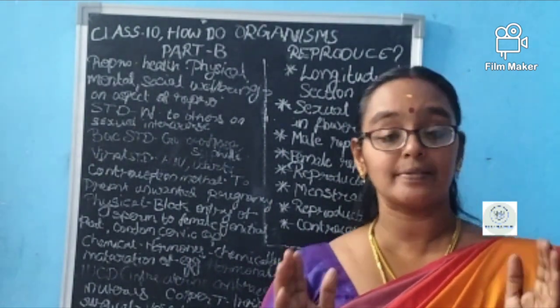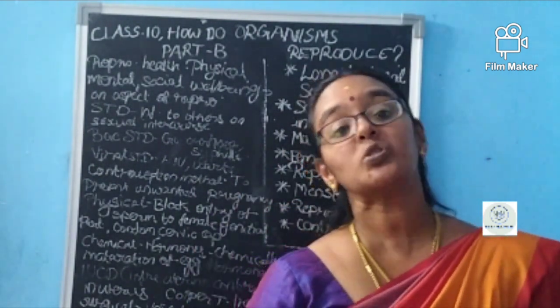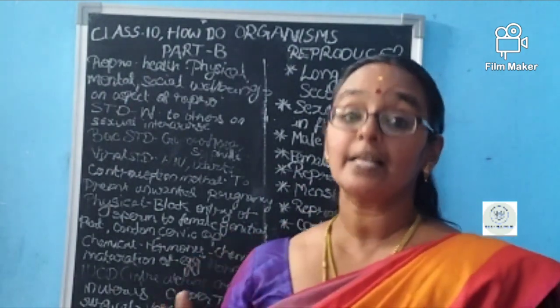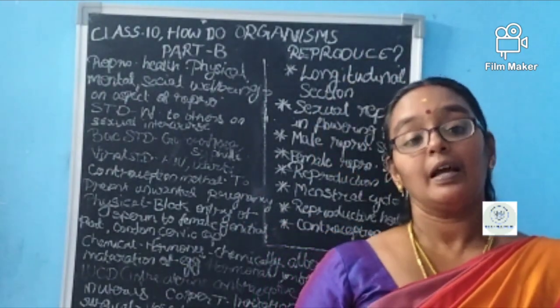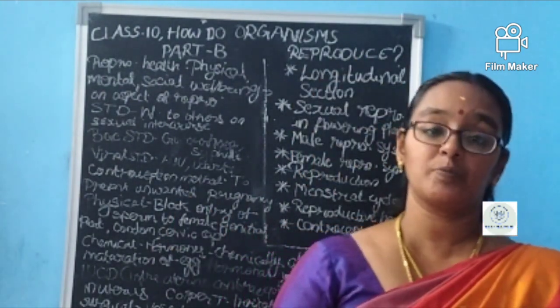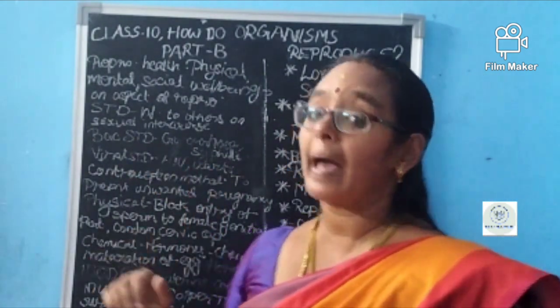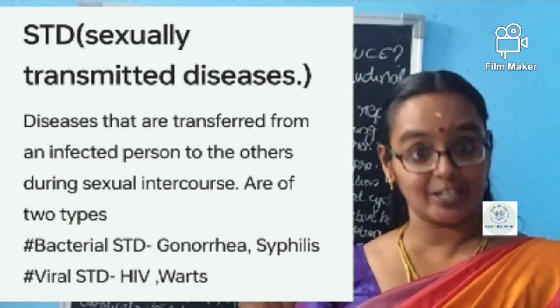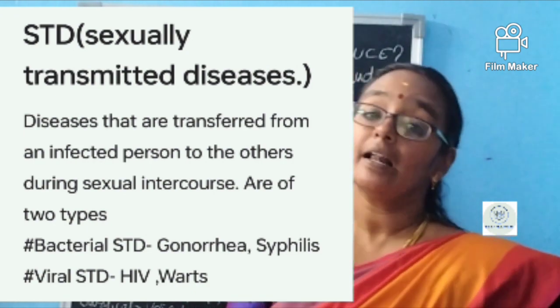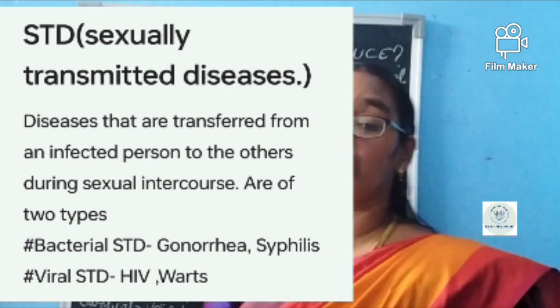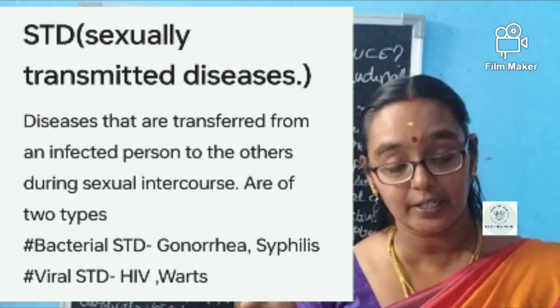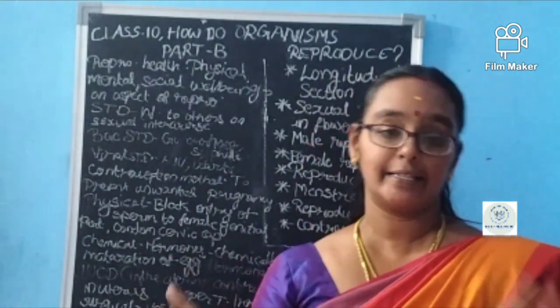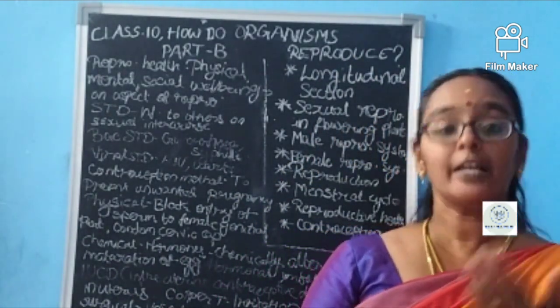Bacterial diseases like gonorrhea and syphilis, and viral diseases like HIV and warts, are transmitted from an infected person to the healthy person during sexual intercourse.